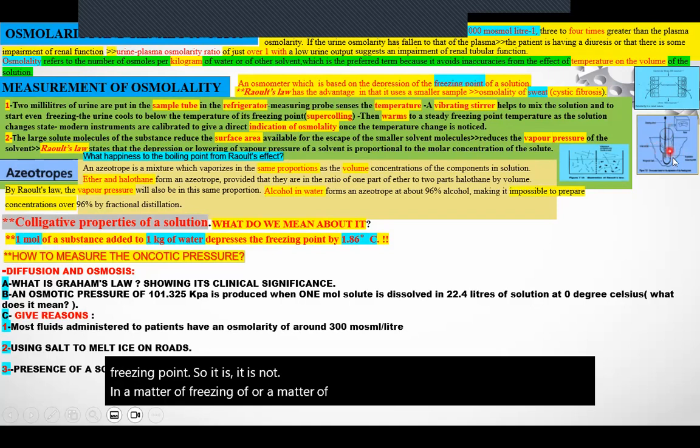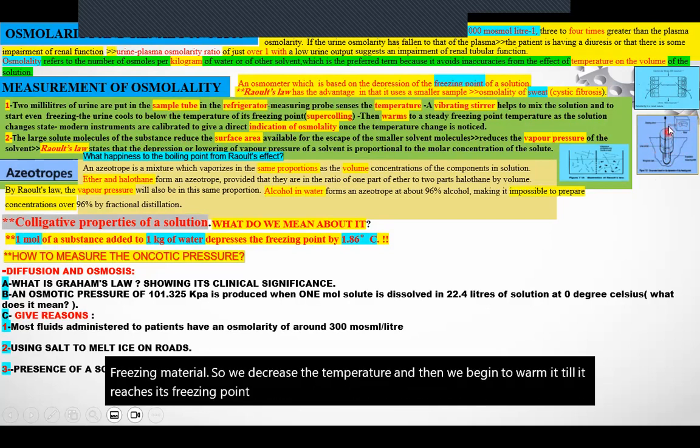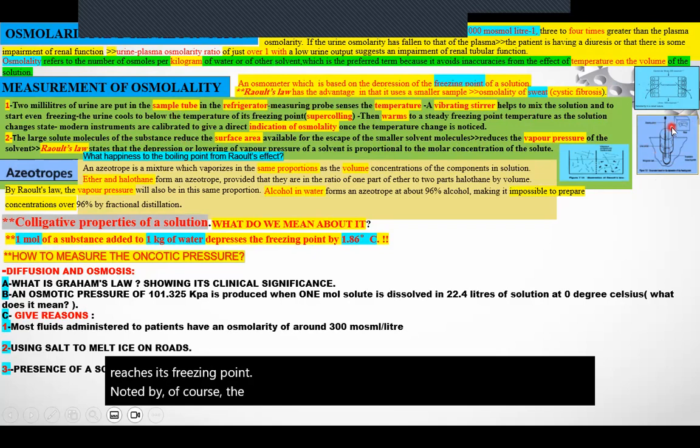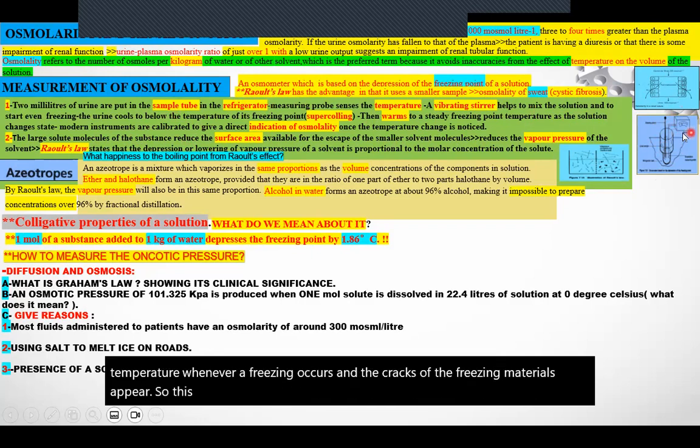So we decrease the temperature, and then we begin to warm it until it reaches its freezing point, noted by this apparatus, which detects immediately the change of temperature whenever freezing occurs and the crystals of the freezing material appear. So this apparatus or monitor converts immediately the change in temperature to osmolarity. So this is the first method to measure the osmolarity.